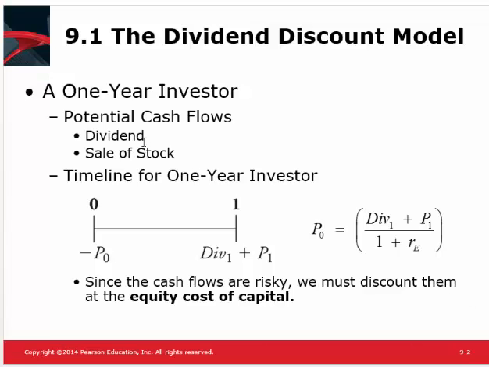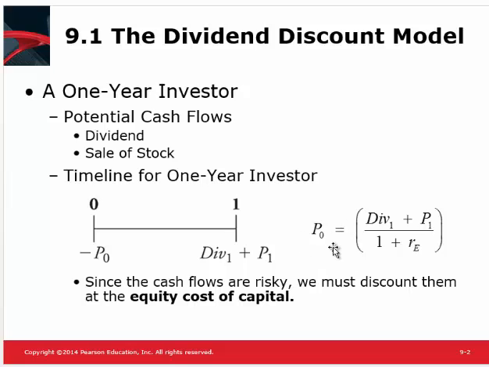So if we look at a one-year investor, you're going to buy stock at the beginning of the year. At the end of the year, you're going to sell the stock. If we knew the future dividend, or the dividend to be paid in the next year, and if we knew the price at the end of the year, we could then calculate the required return to get this investment.